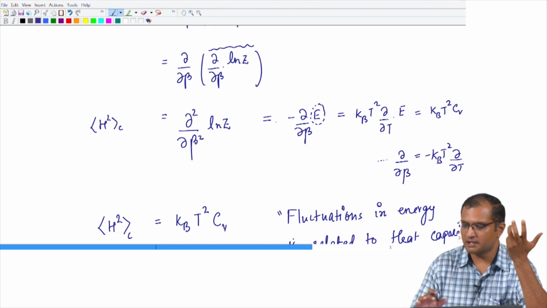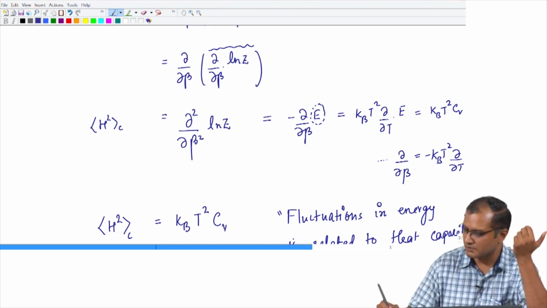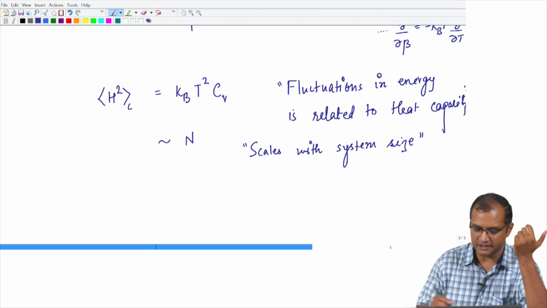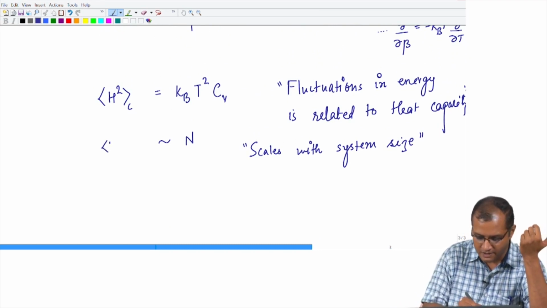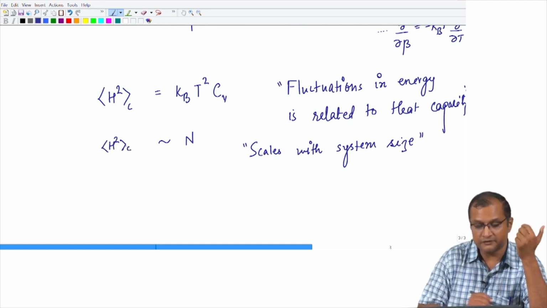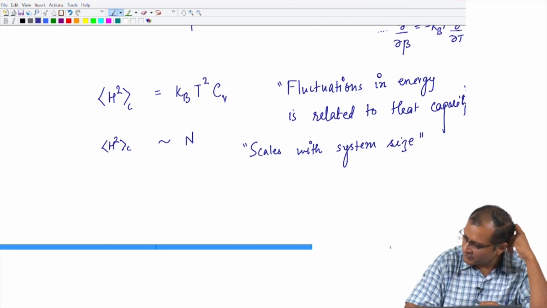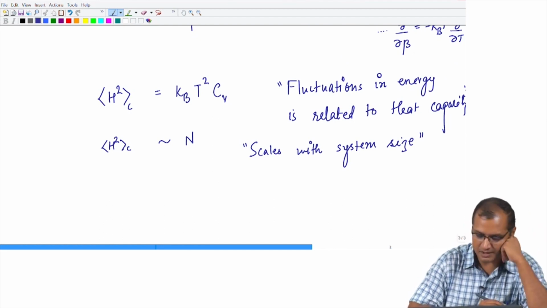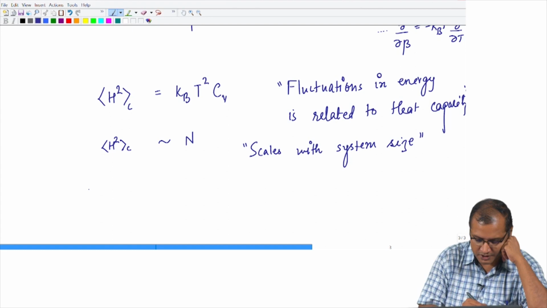The entire quantity here is extensive, and so it is not surprising that we find our variance of energy or second cumulant of the Hamiltonian to scale with system size. So, I would compute the width or the standard deviation.